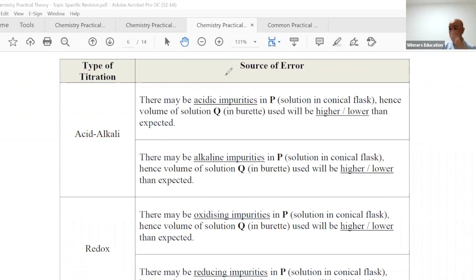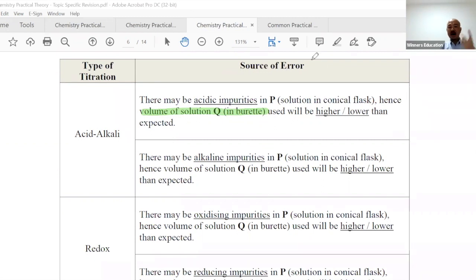Now, if your titrant results, the one in the burette, you get a volume of solution Q, i.e. the titrant, i.e. the burette reading, okay?